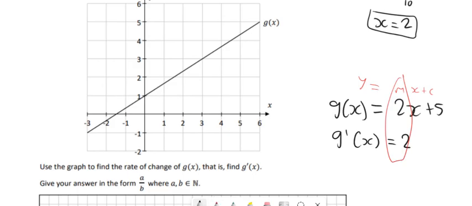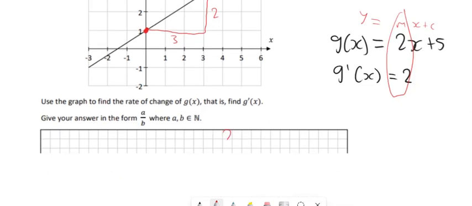So the slope is what we're looking for here. And remember, slope is the same thing as rise over run. So if I was to pick 2 points on that graph, one is there at 0, 1, and one is there. If I was to get the rise and the run from those, so the rise is 2 up and the run is 3, and the graph is going up from left to right, so therefore our rise over run is 2 over 3.